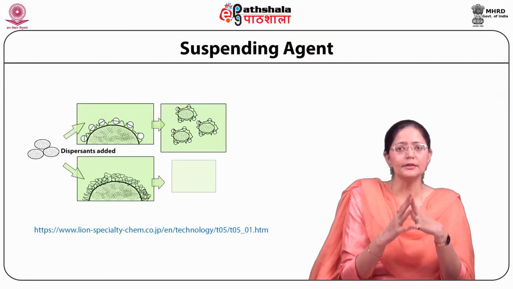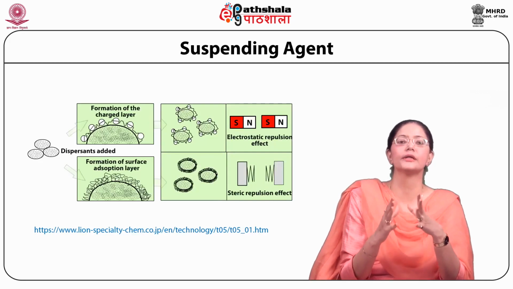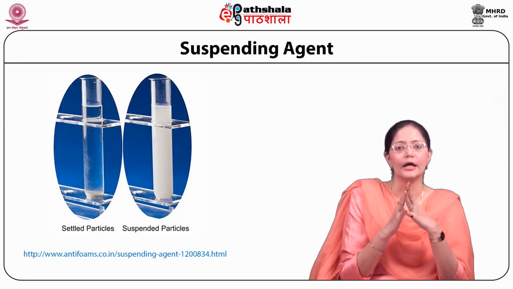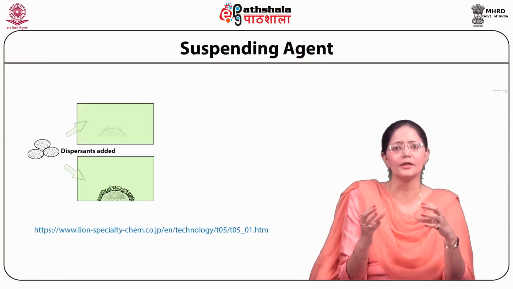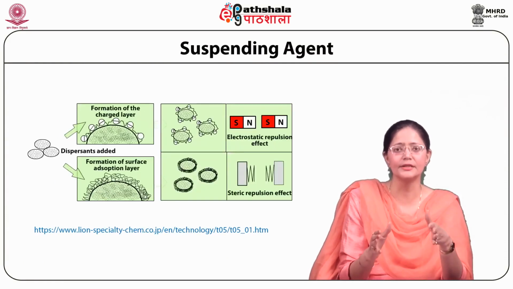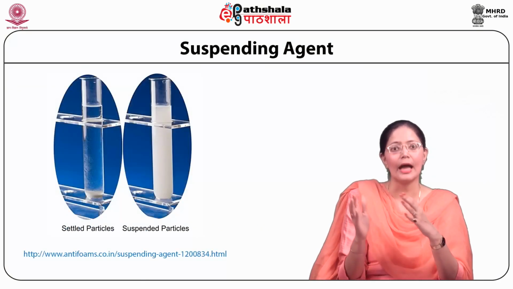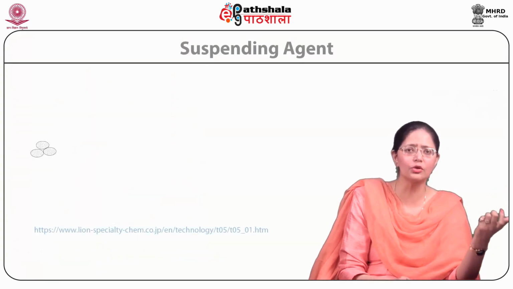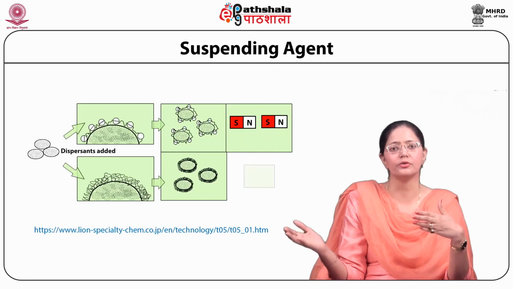An ideal suspending agent should have the following characteristics. Number 1, it should produce a high viscosity at a very negligible shear, that is, during the shelf storage, and it should result in a very low viscosity at a high shear rate.